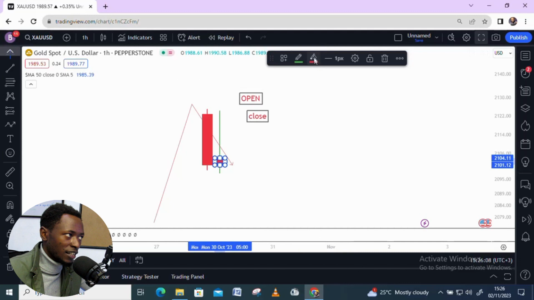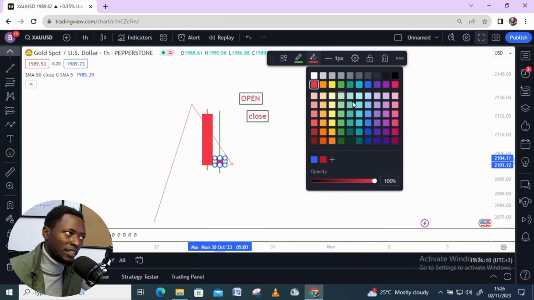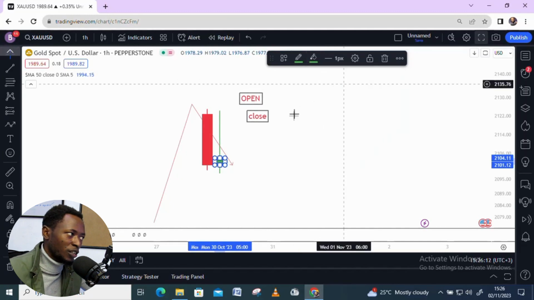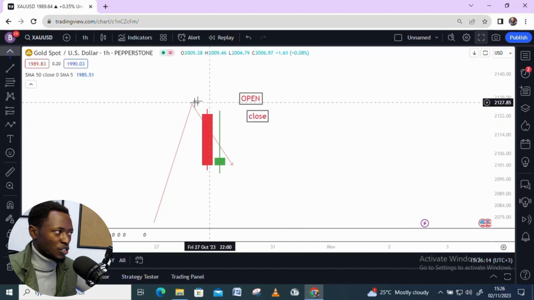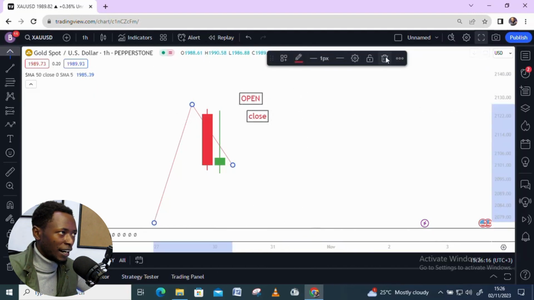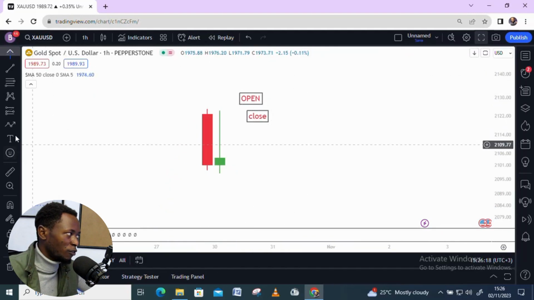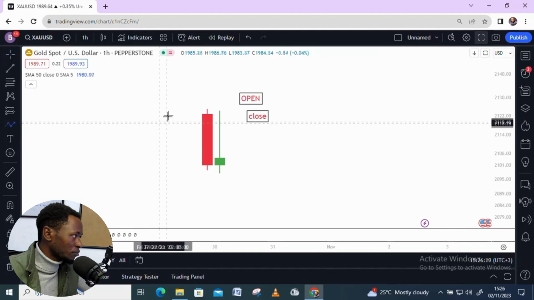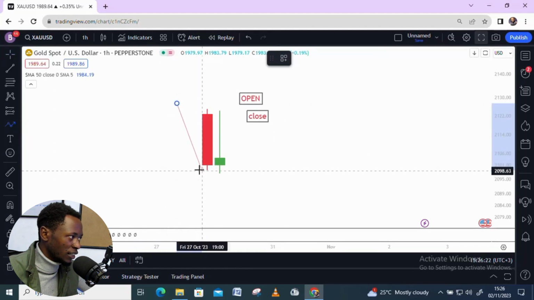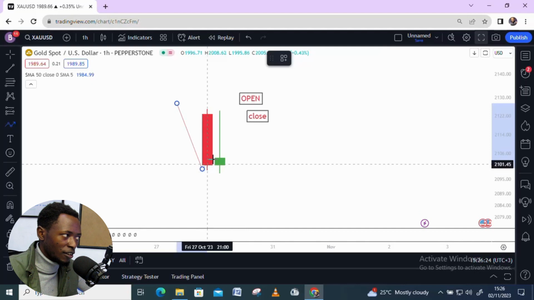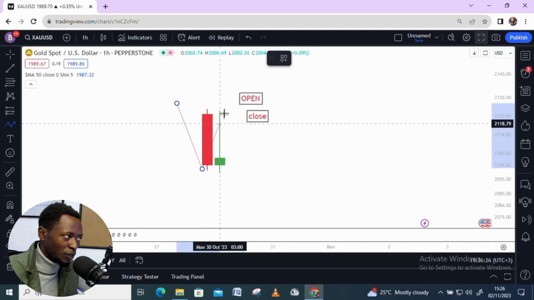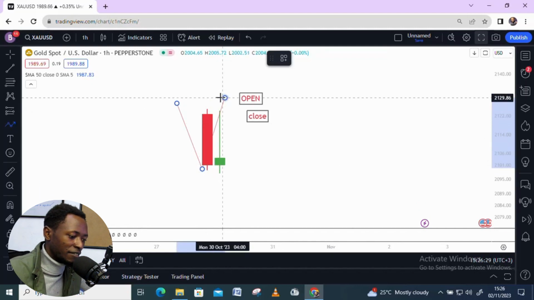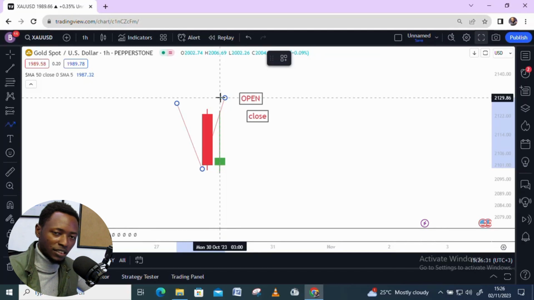For context, the color does not matter. Make sure you understand these candles. This forms at the bottom of a downtrend. Price moves lower, hits resistance, forms this. So that is an inverted hammer. Hope you understand.